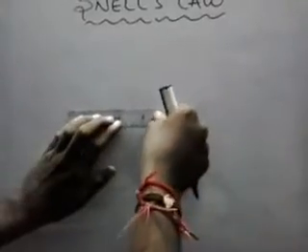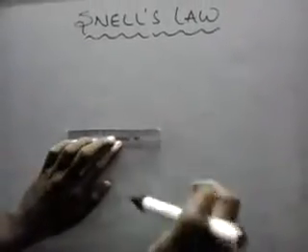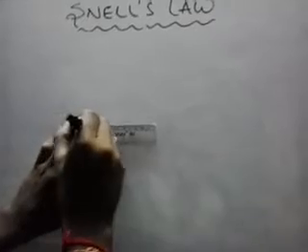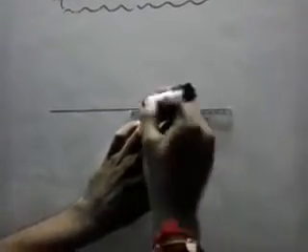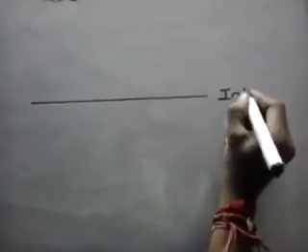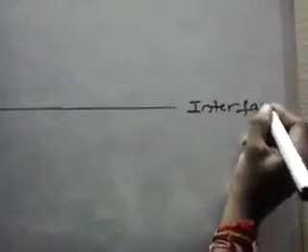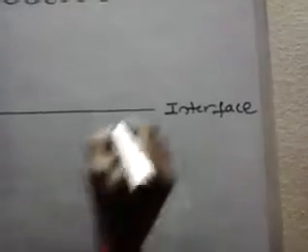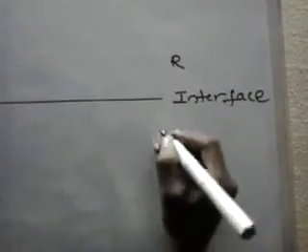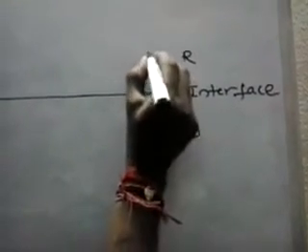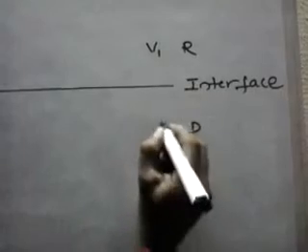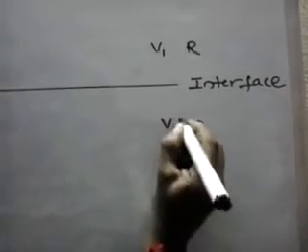Okay guys, let us say this was the interface. This medium is the rarer medium and this medium is the denser medium. Here the velocity of light is v1 and here the velocity of light is v2.